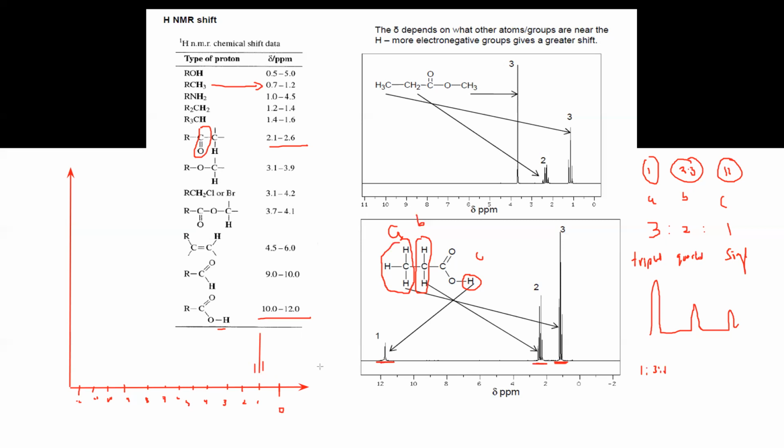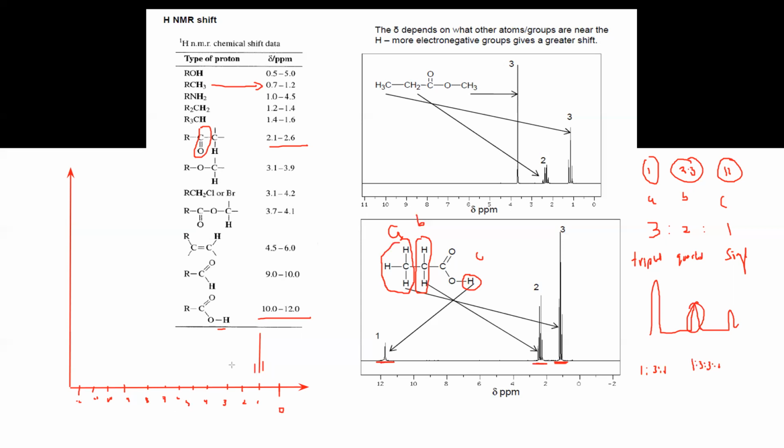This is a triplet. Then for B, I will get a quartet. A quartet means this peak is divided into 4. And what is a quartet? It is 1 3 3 1. So this whole peak will divide into 1 3 3 1.